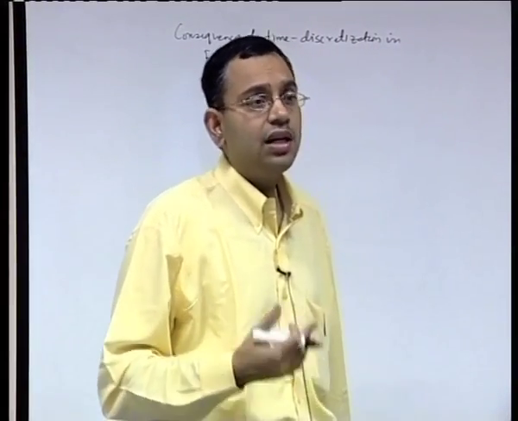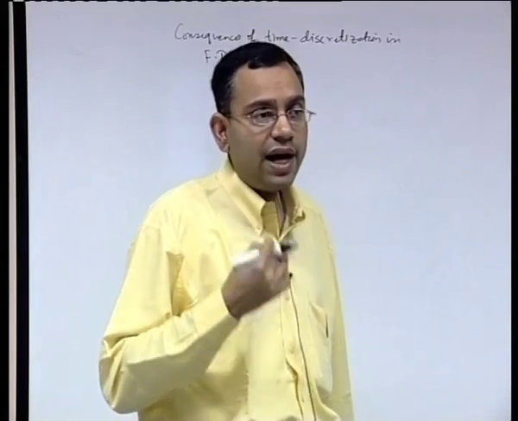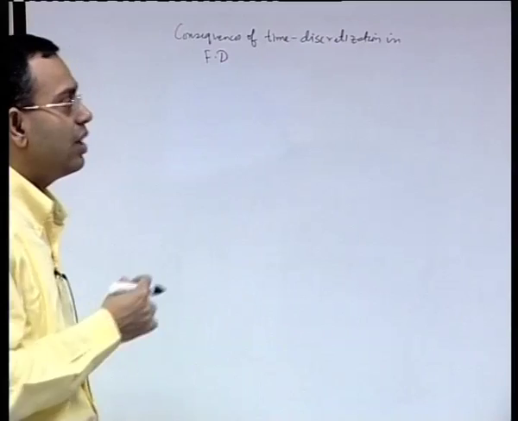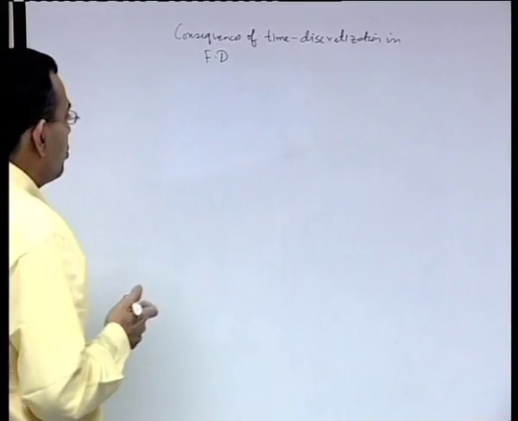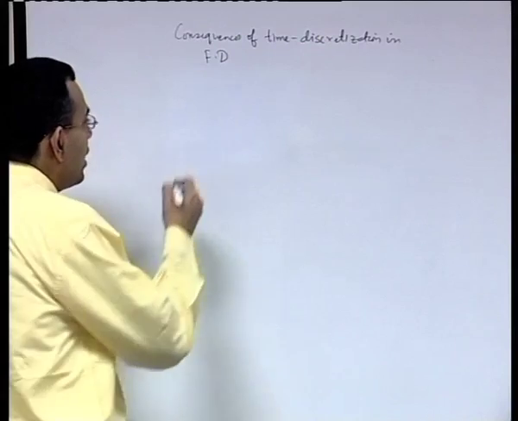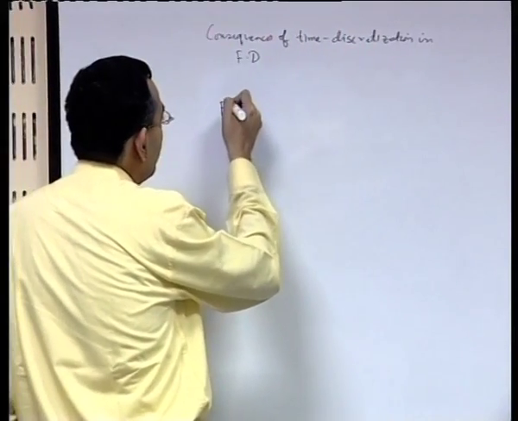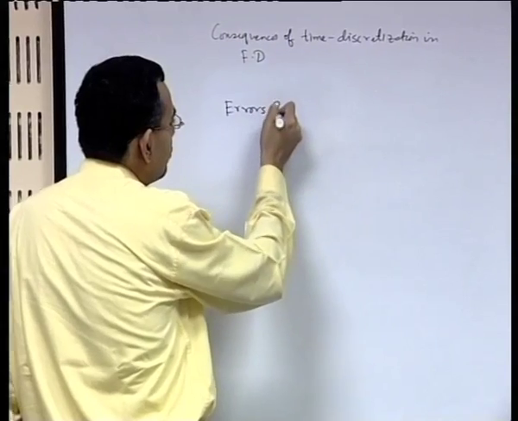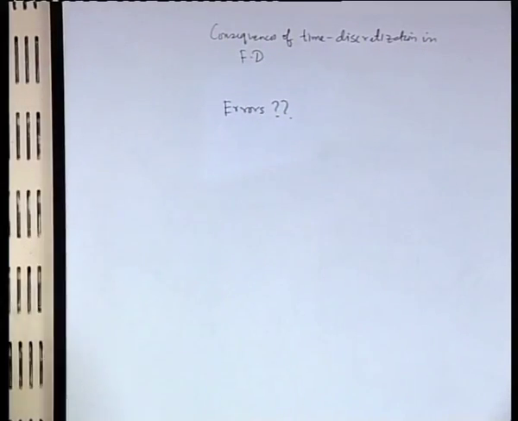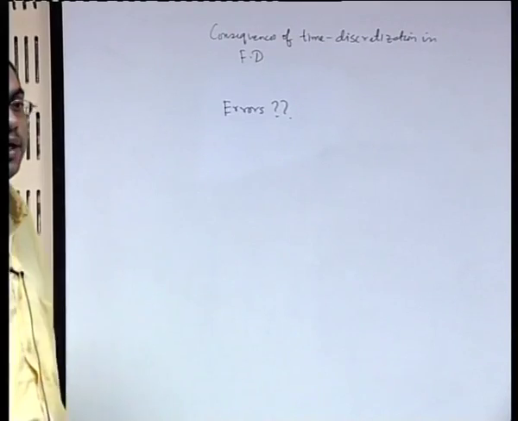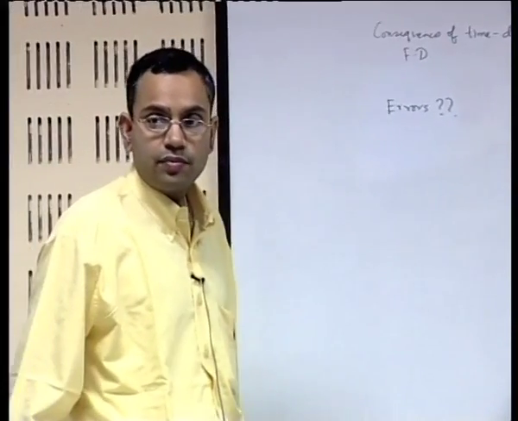In all cases, that is a matter of debate, and that is something that we would like to highlight. So we would specifically like to see what are the errors associated in the finite difference discretization or any Taylor series based discretization.